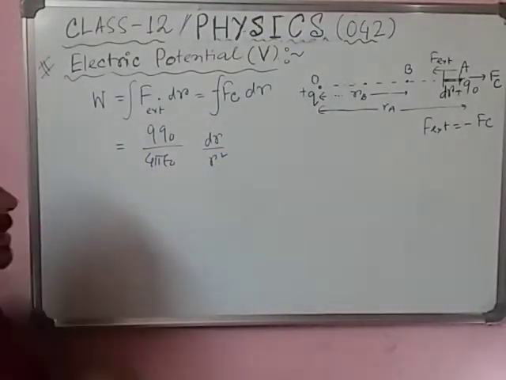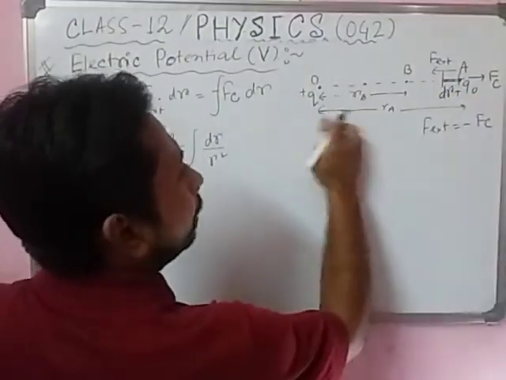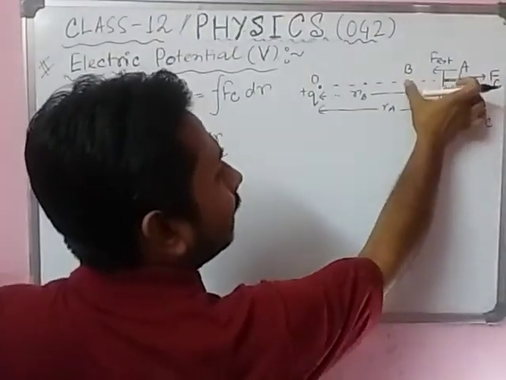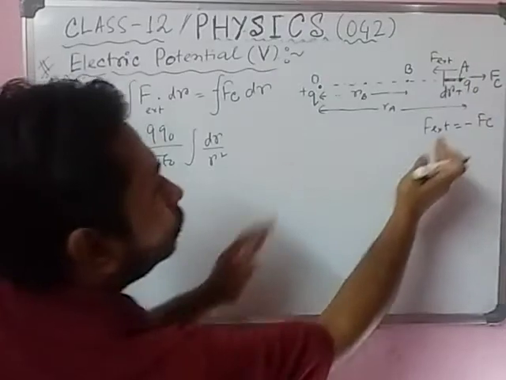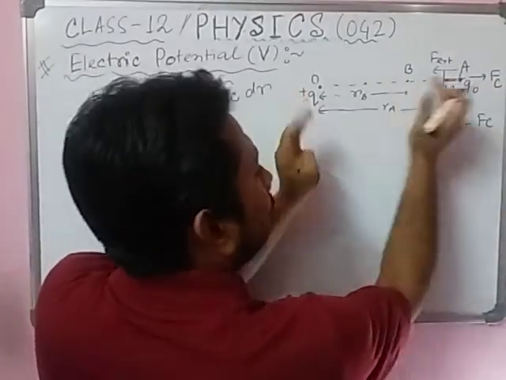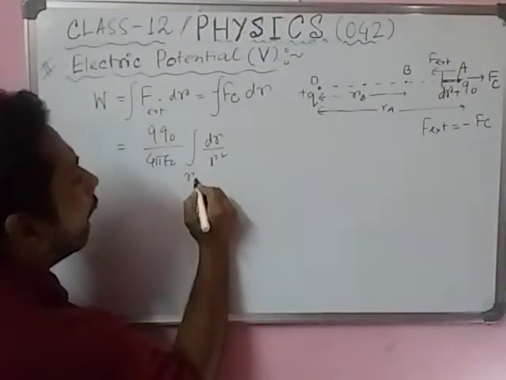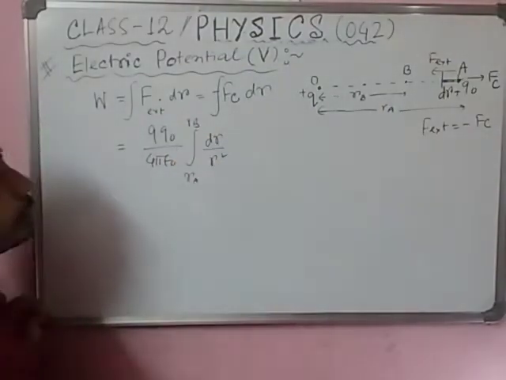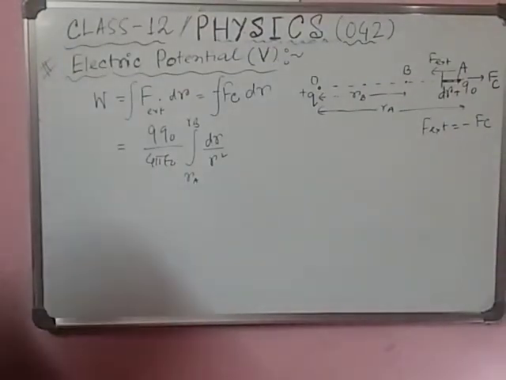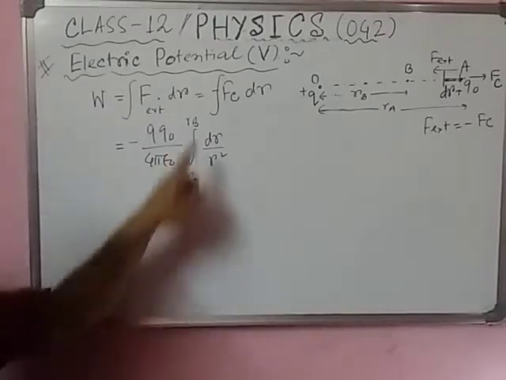You integrate it from Ra to Rb. Ra to Rb is the distance, so if you subtract Ra from Rb, then we get this distance. So I will take the limit from Ra to Rb, and there is a minus sign because of minus Fc.